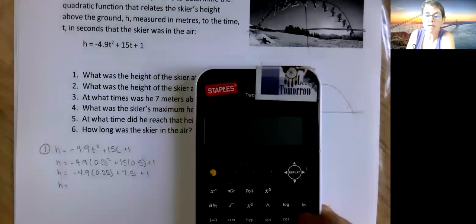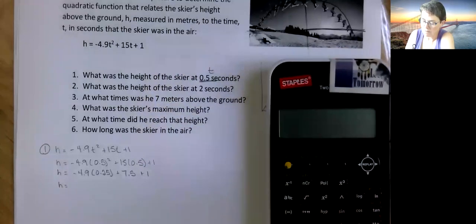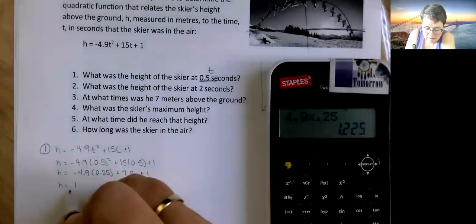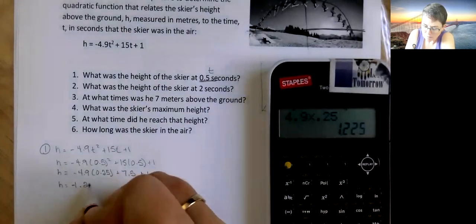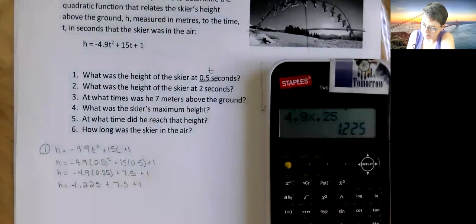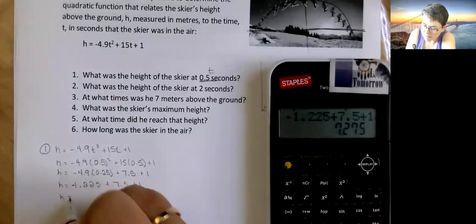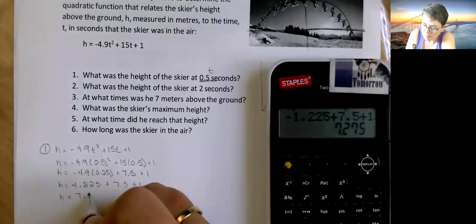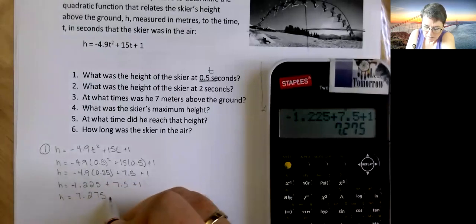So 4.9 times 0.25, negative 1.225, plus 7.5 plus 1. So height is equal to 7.275 meters.